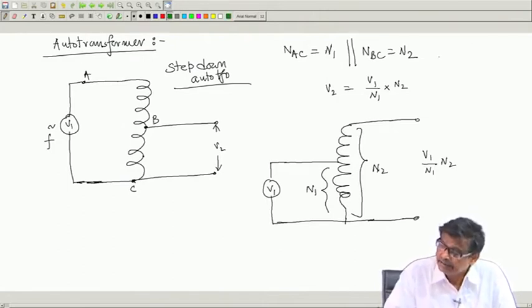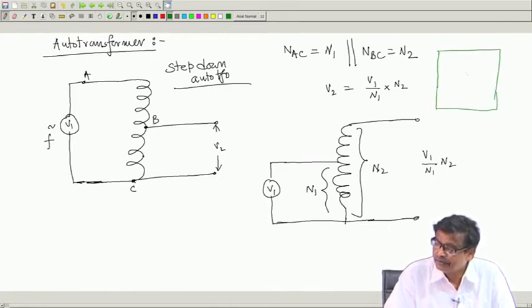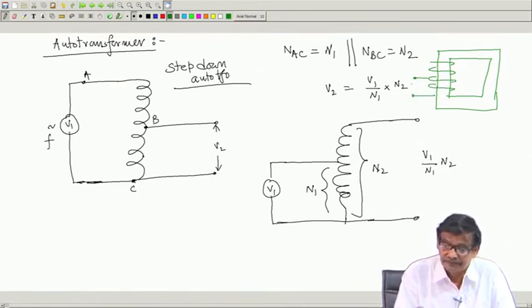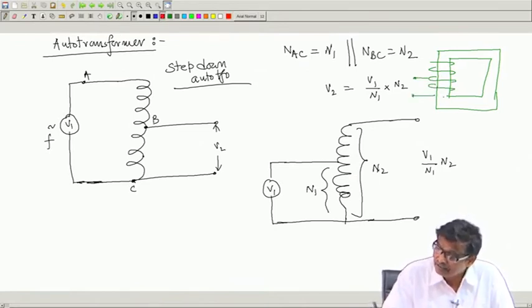Suppose this is the transformer core, it is like this. In this case, what I do is use a single winding, no two separate coils. You give the supply voltage to this number of turns. Flux will be linking all the turns, mind you.